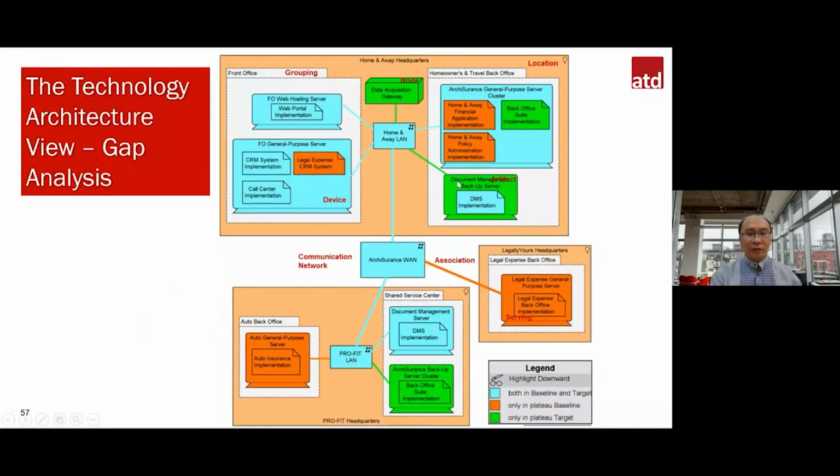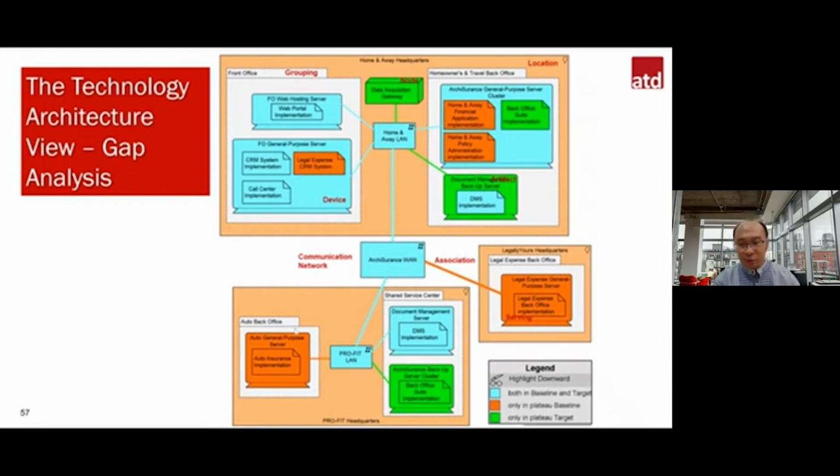The next one is on the technology gap. So we also need to consolidate various infrastructure in terms of the server, network, and data center, and how the combined network needs to be redesigned, because we are merging three different companies into one, ArchiSurance. So this is the example of consolidation, or what they call rationalizing the technology architecture.